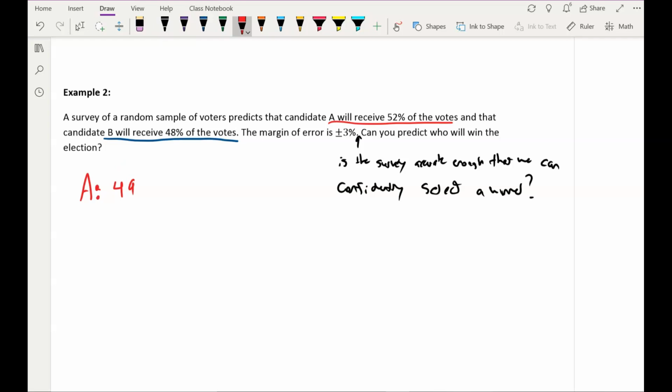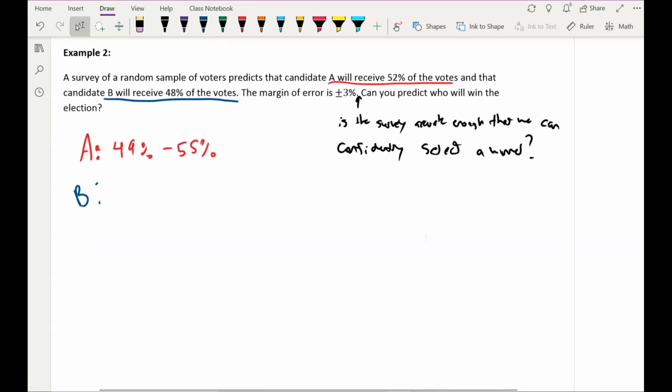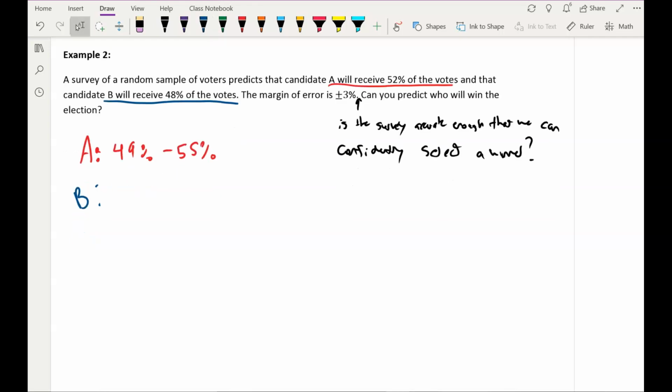So really, we have a 49% vote rate to, we could possibly also have 55%. And candidate B's voters could fluctuate all the way from 48 minus 3, which is 45%, all the way up to 48 plus 3, which would put me at 51%.